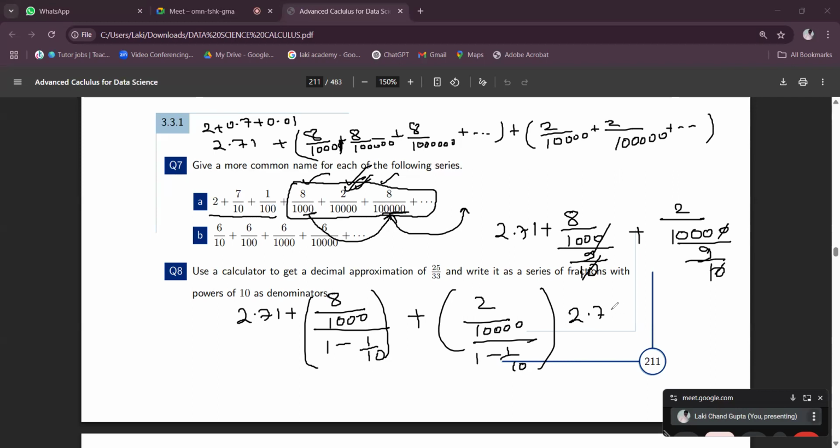You can write 2.7, 8 by 900, 12 by 900. Okay, 4 by 450.